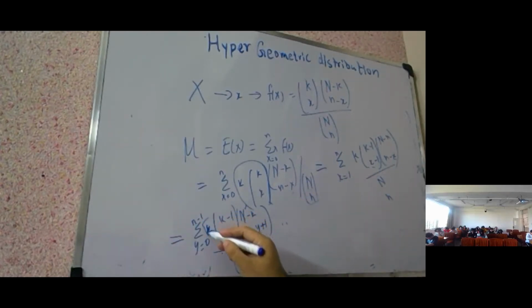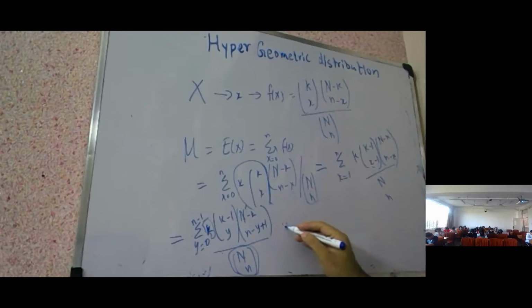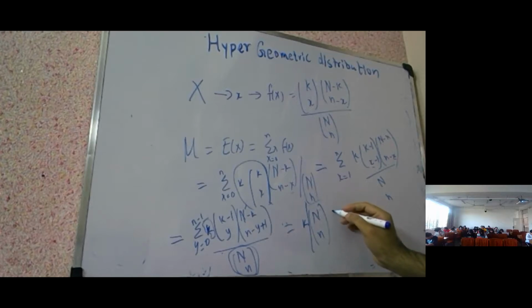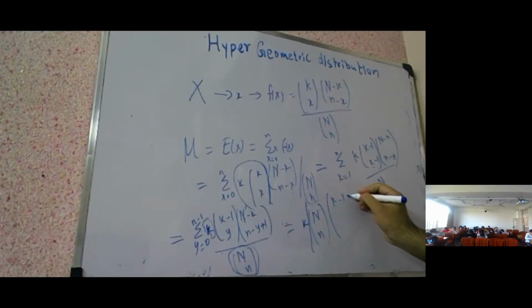So this one and this one are constant, so I take them outside. It will give me k upon (n+k)Cn times the summation. Now because the lower index is 0, I can add these two: (k minus 1) plus n plus (n minus y minus 1).